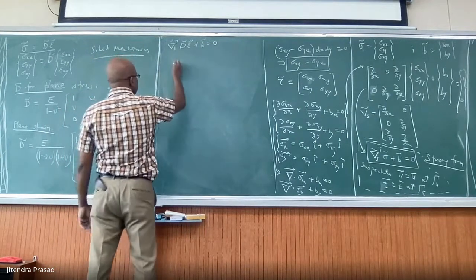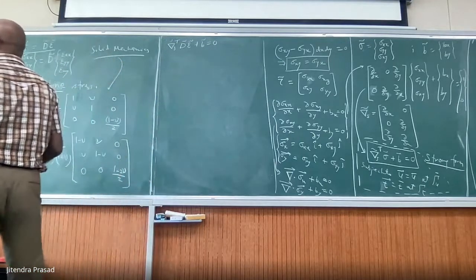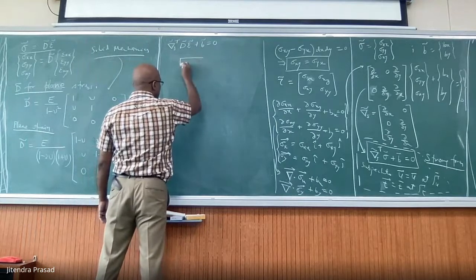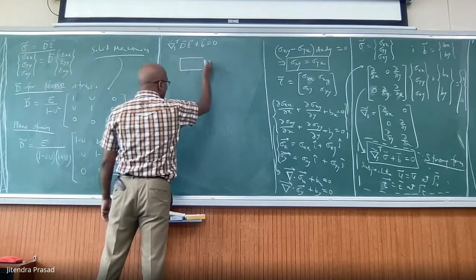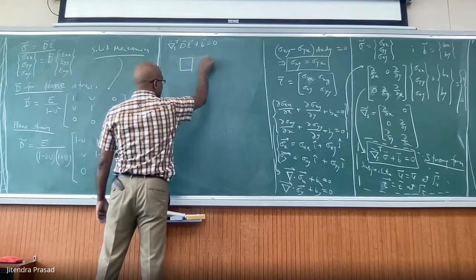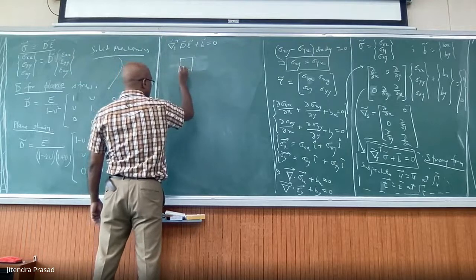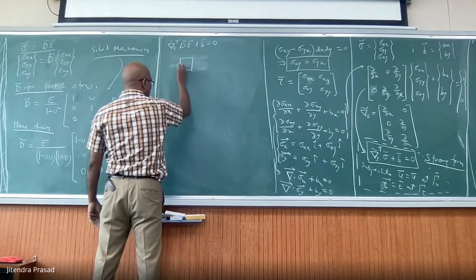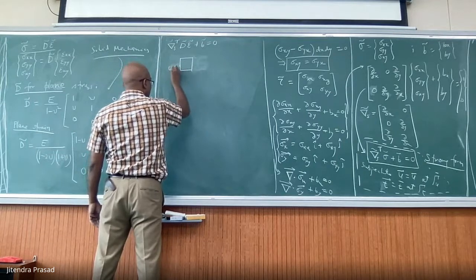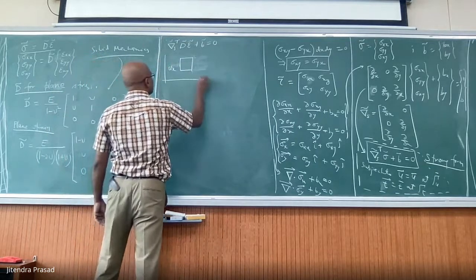So for strains, derivation is simple. You have basically the definition itself. Let us say you have one test piece, and at this point you have ux as the displacement in the x direction.